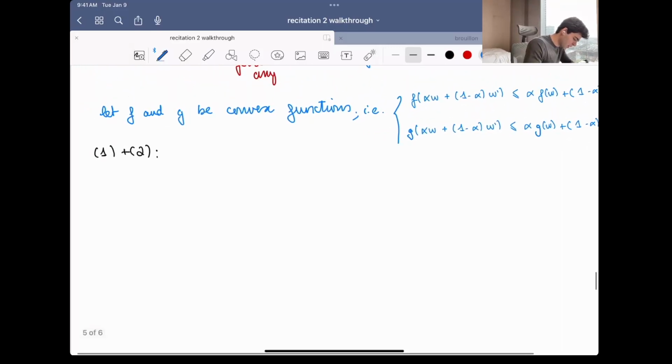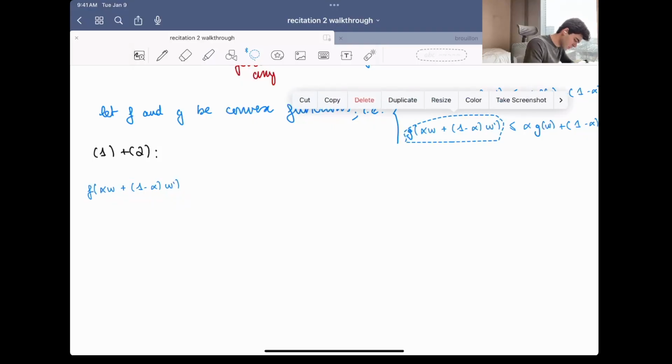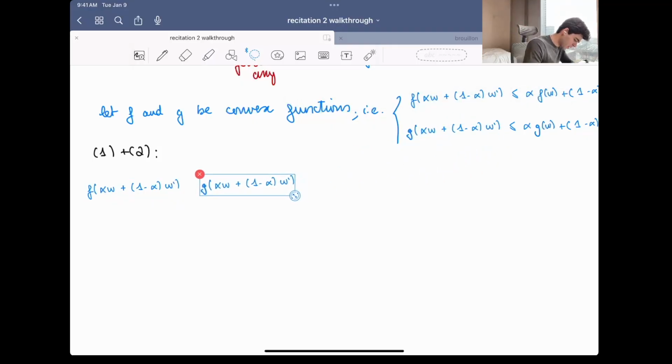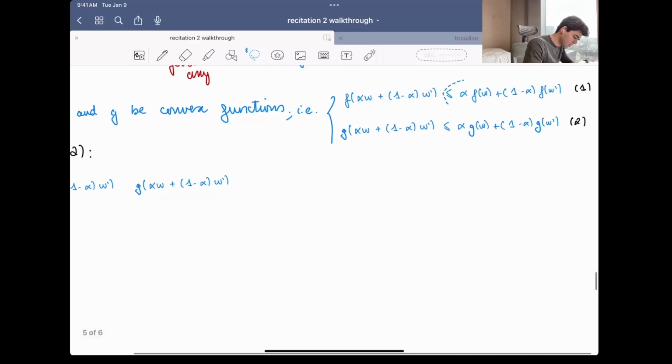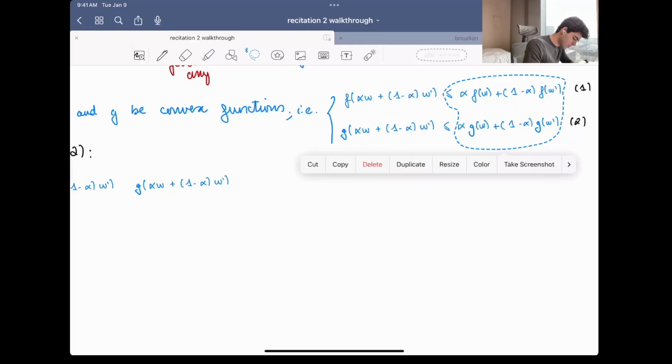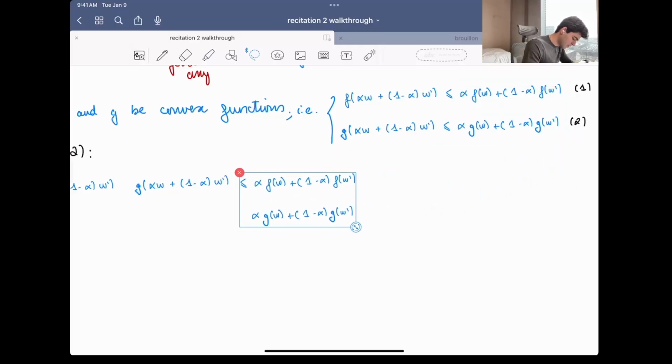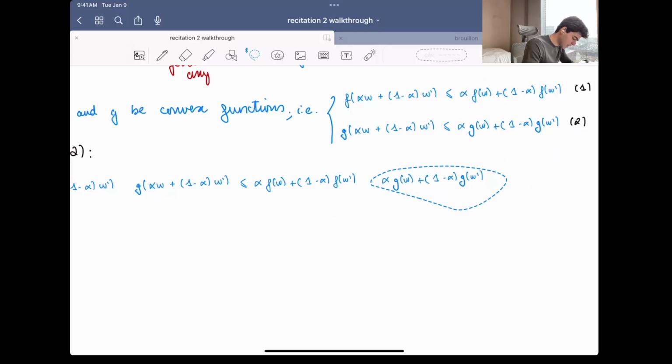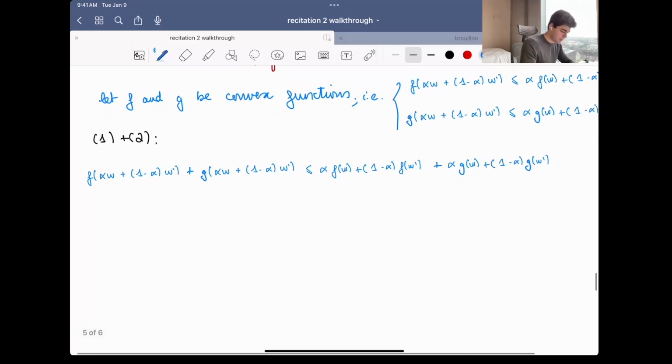Since I'm lazy, I'm just going to duplicate stuff. This, since they're both inequalities, it's closed under addition, right? You can add two sides of an inequality and it stays an inequality. Okay, so this is what we have now.